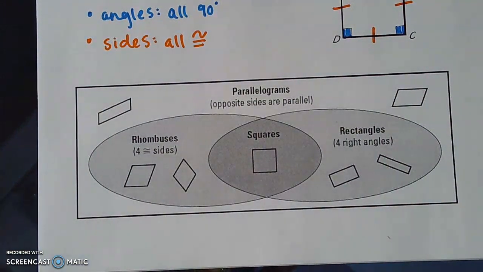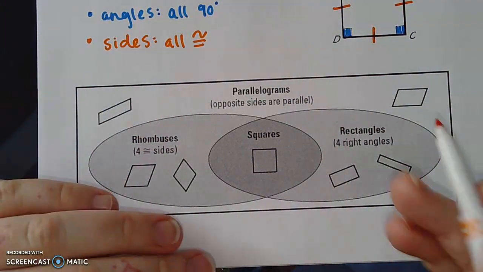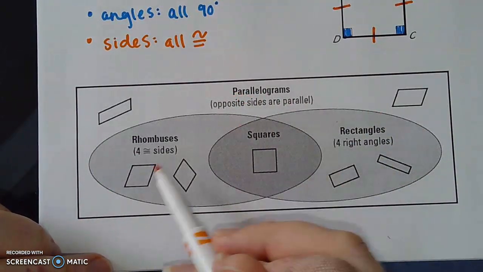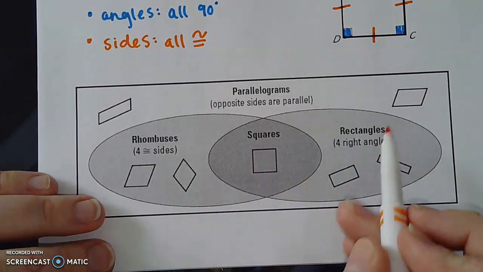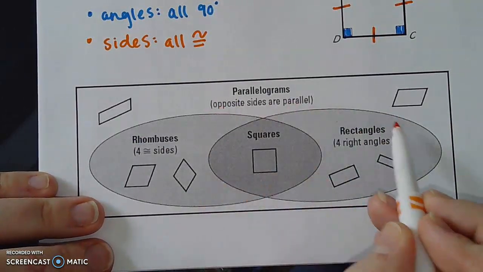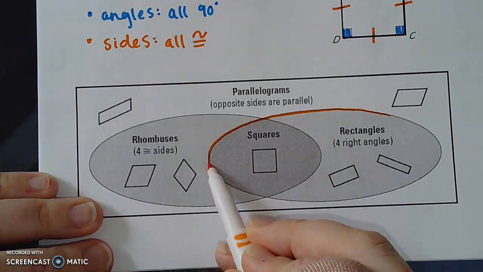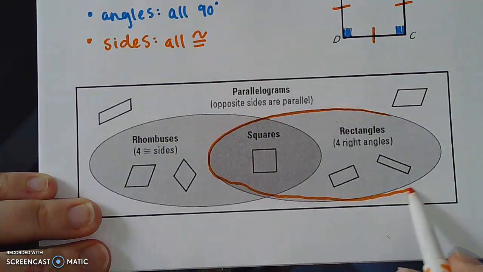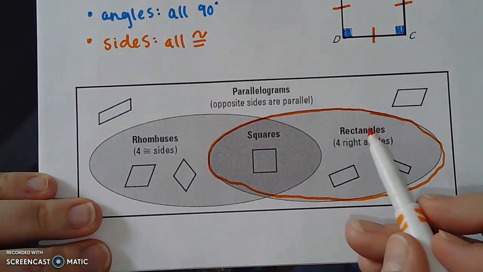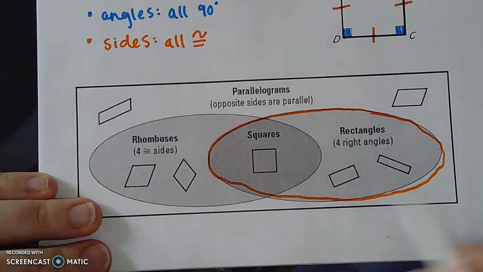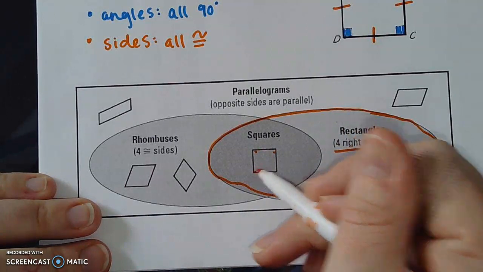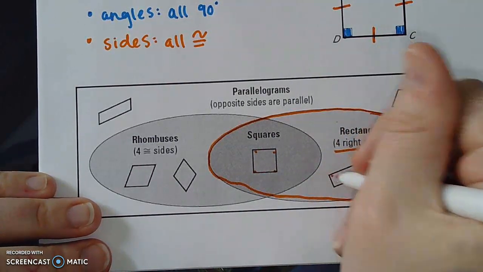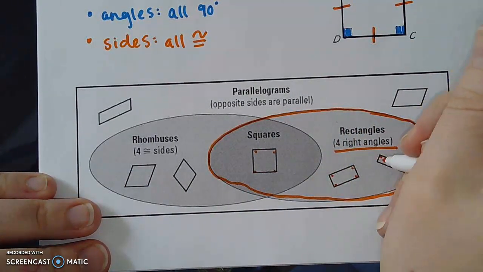There's also this Venn diagram, which is very helpful. If you notice, all three of these are a parallelogram because the opposite sides are parallel. And if we just specifically look in this circle, all of these in the circle have 4 right angles. So like the squares, all 4 of these angles are right, meaning 90 degrees each.